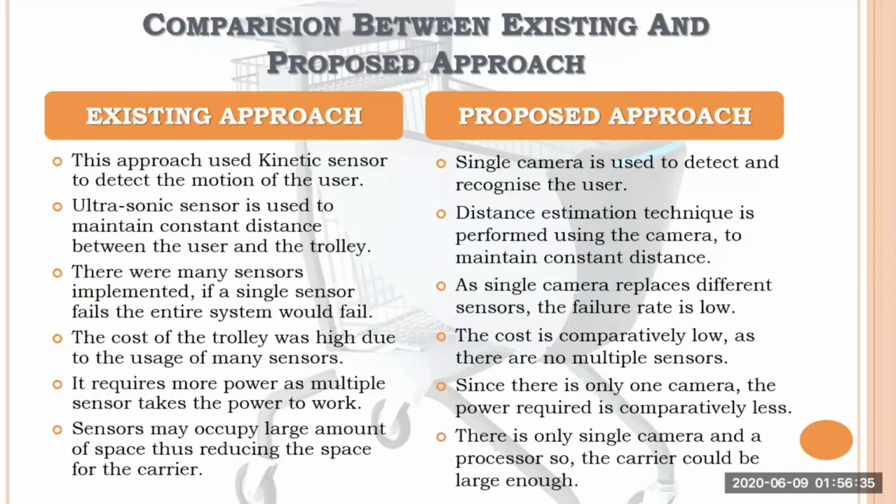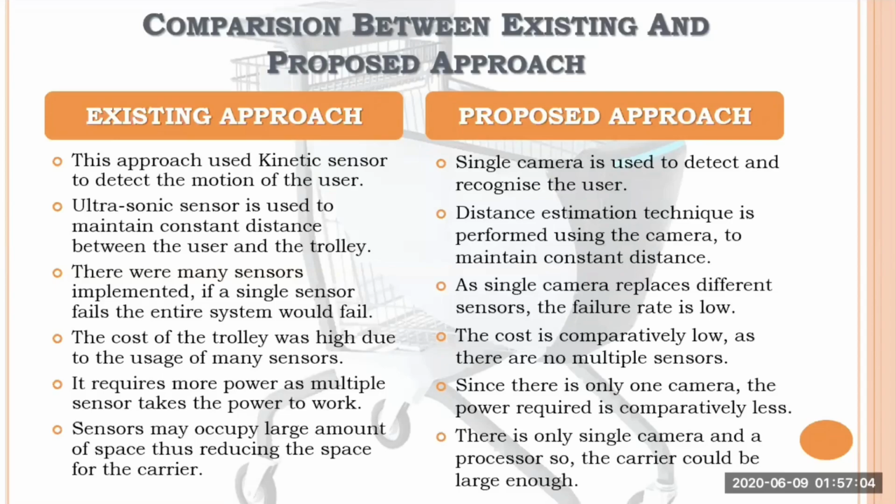This might cause a delay in the project. In our project, only the camera and motor are consuming power. So comparatively, more power supply is available to the Raspberry Pi, allowing it to work at higher capacity and reducing any delays. So our project is more efficient and effective compared to the previous approaches.